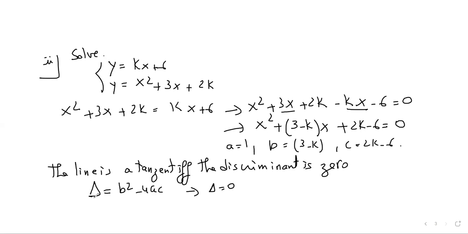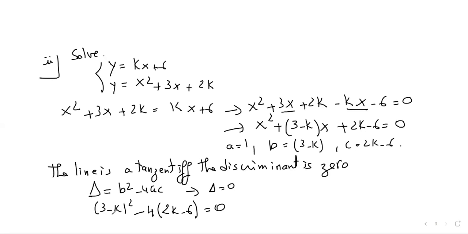So b is equal to 3 minus k, so (3 minus k) squared minus 4 times a, which is 1 here, and c is equal to 2k minus 6, so times (2k minus 6) is equal to 0, right? So you can expand it, you can do whatever you want.